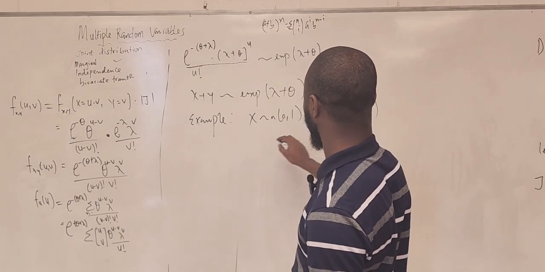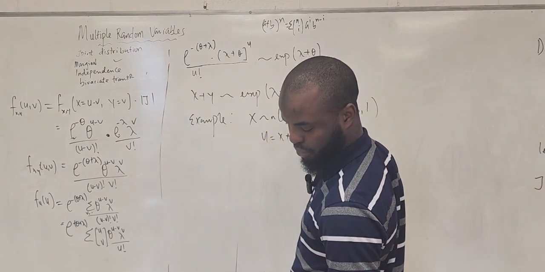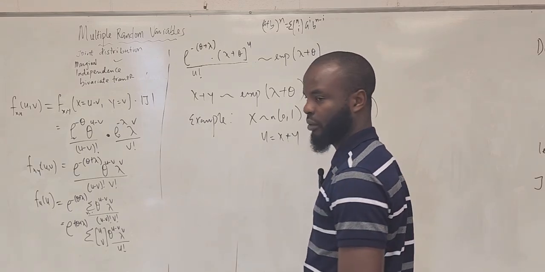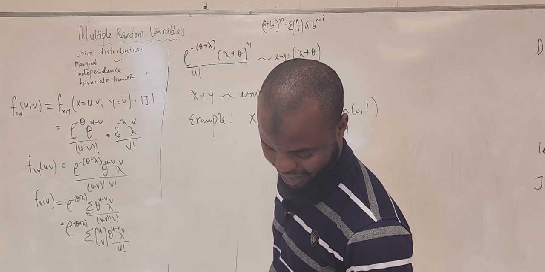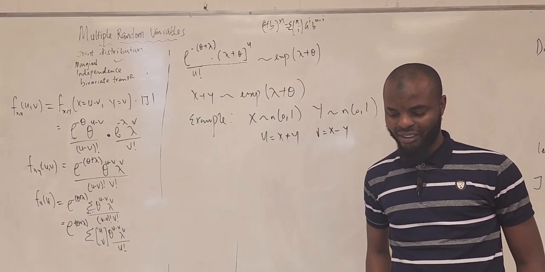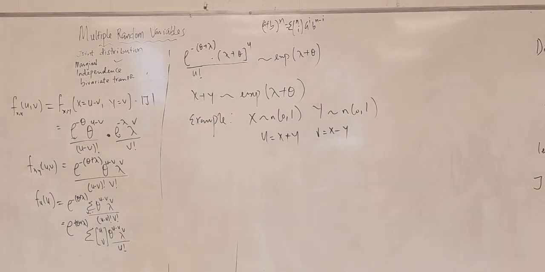Let me give you this easy one: x plus y, you have v, x minus y. There's another one that is a little bit crazy. That one you have 2 Jacobian because you're having absolute value. Oh, don't worry, let us not talk about that.